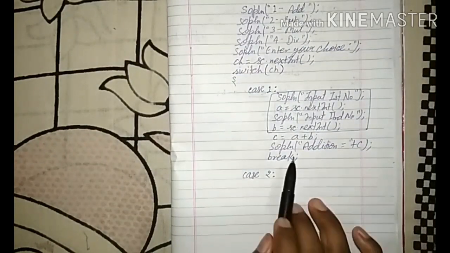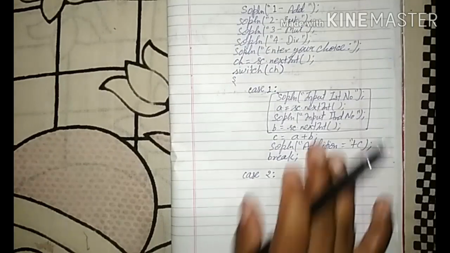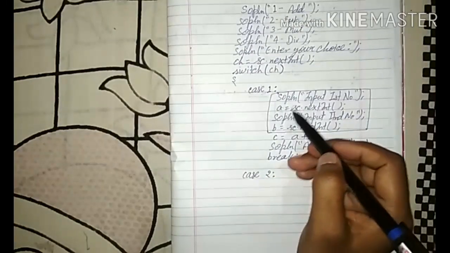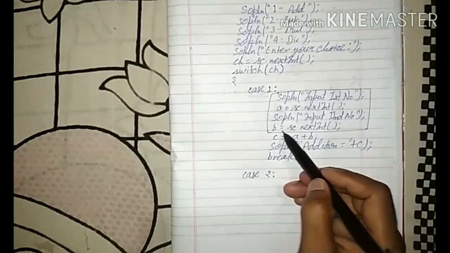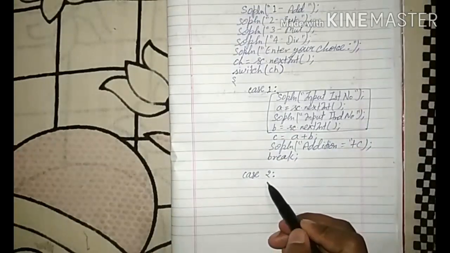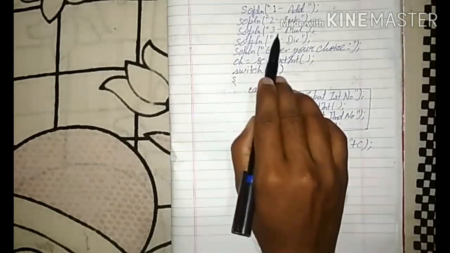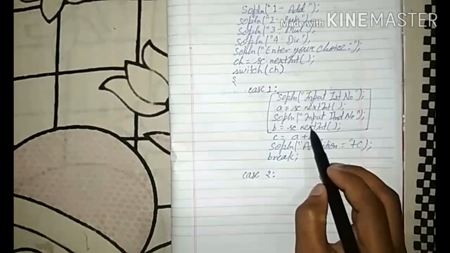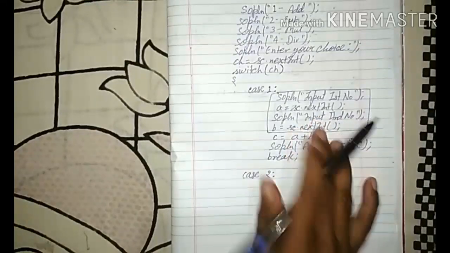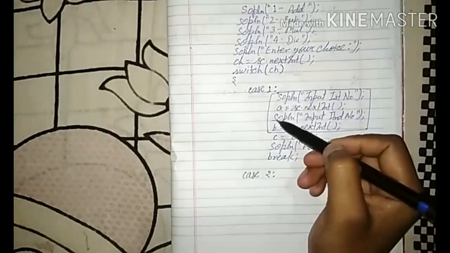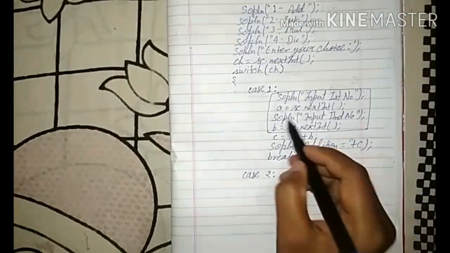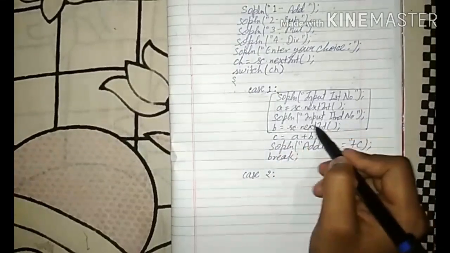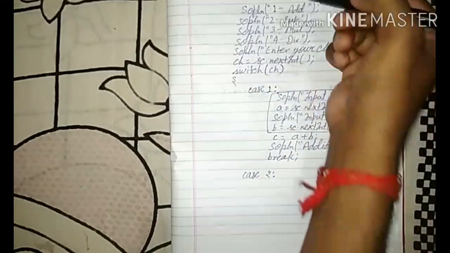We have to write these 4 statements into case 2 as well as case 3 as well as case 4 also. If you don't want to write these 4 lines in each case, then you can write these input operations before the menu or after the menu.